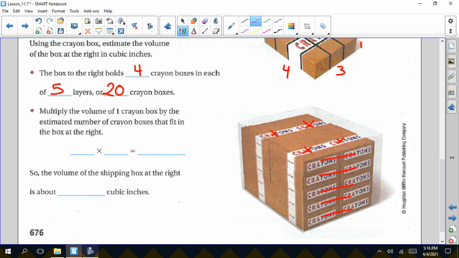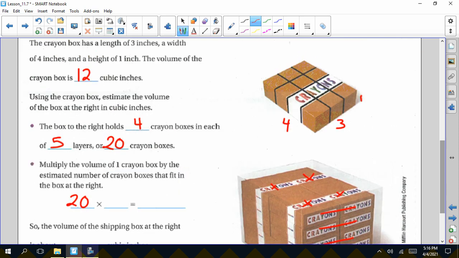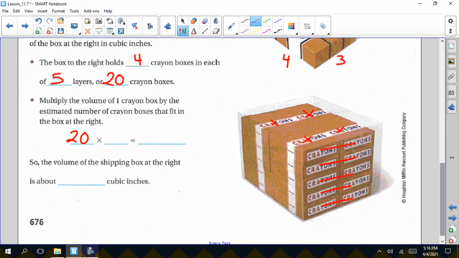So we take our 20 crayon boxes and multiply it by the volume of each crayon box, which was 12, and we will find the volume of the larger box that all of the crayons are inside of.